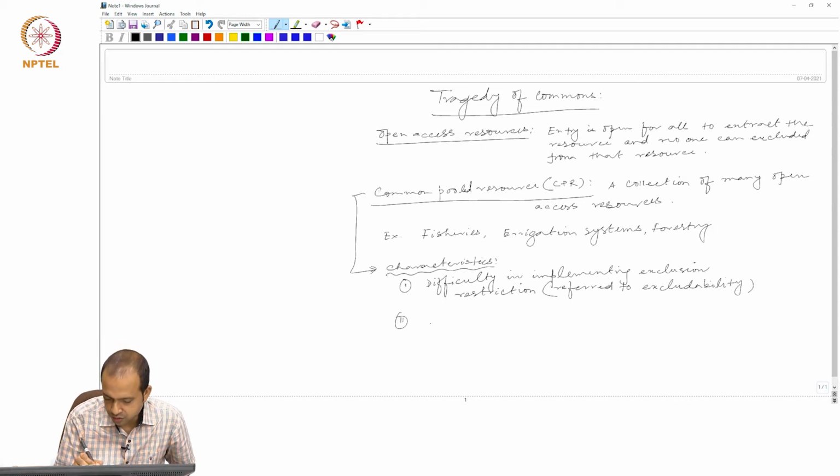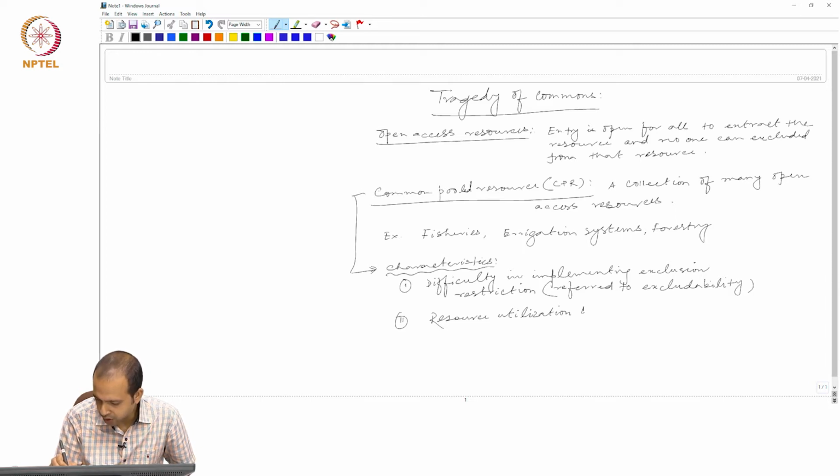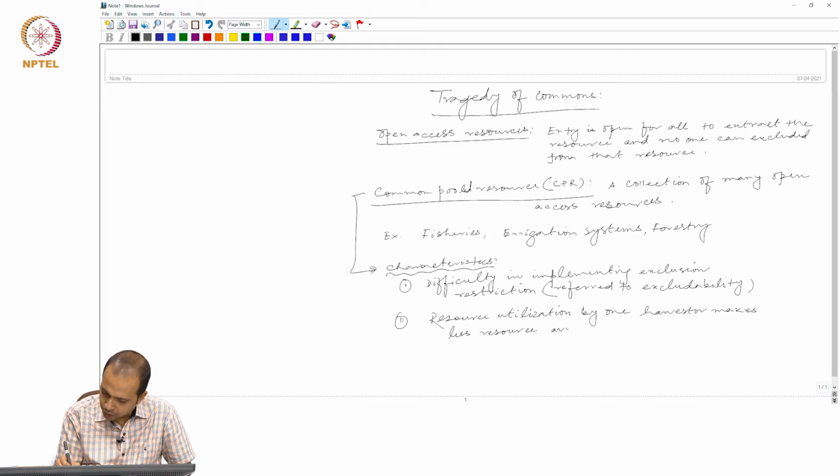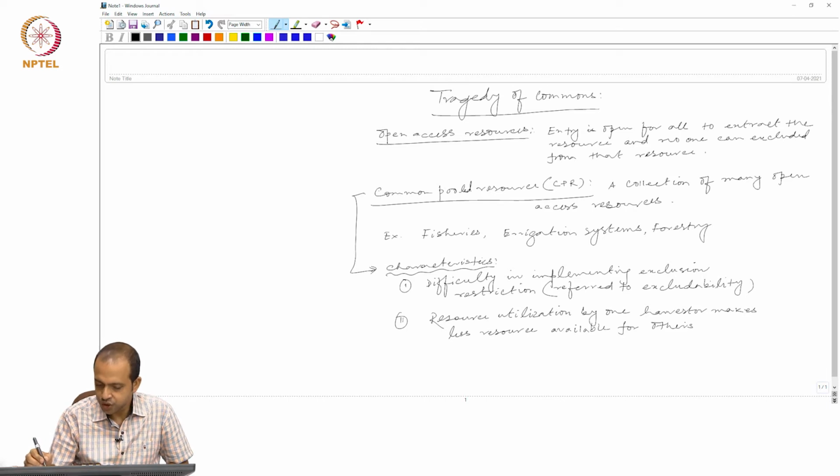The resource utilization by one harvester makes less resource available for others, which was not the case in the context of public good.